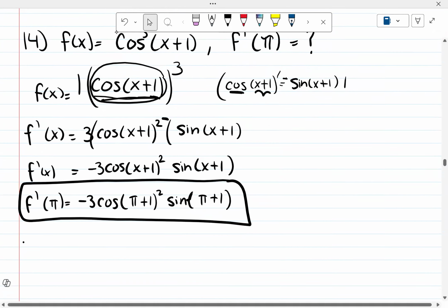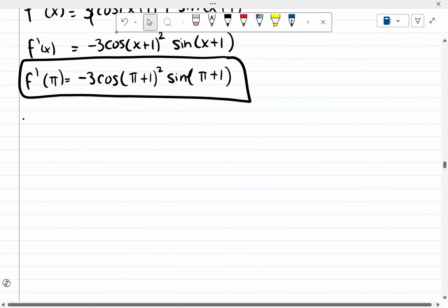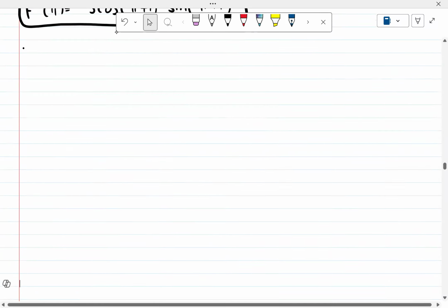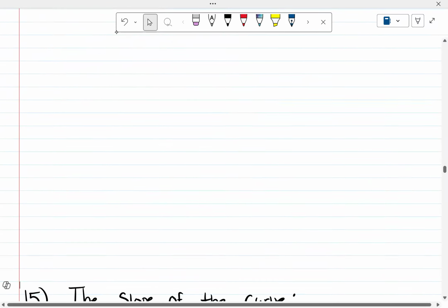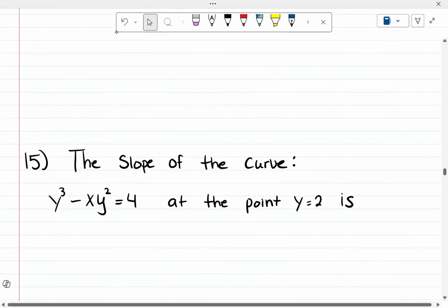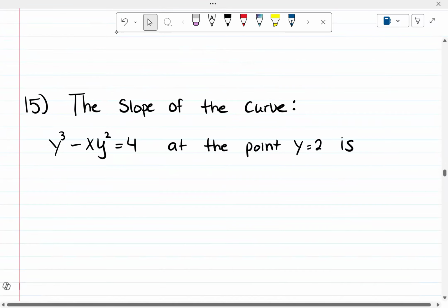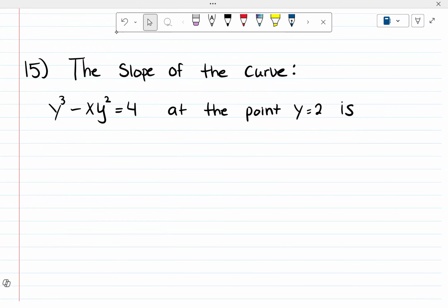Okay. Let's move on to 15. So 15 says the slope of the curve of y cubed minus xy squared equals 4 at the point of y equals 2 is.